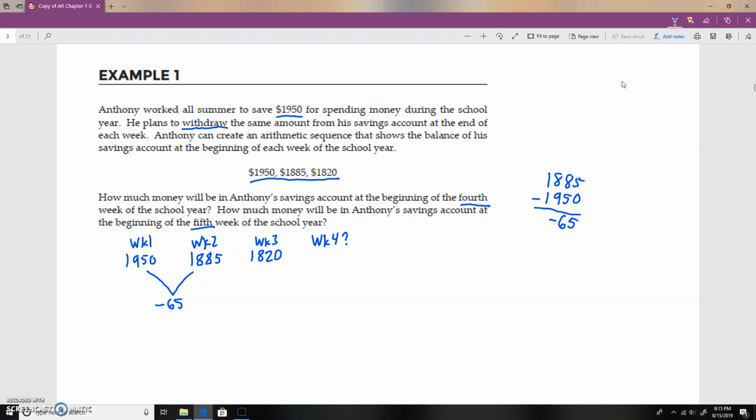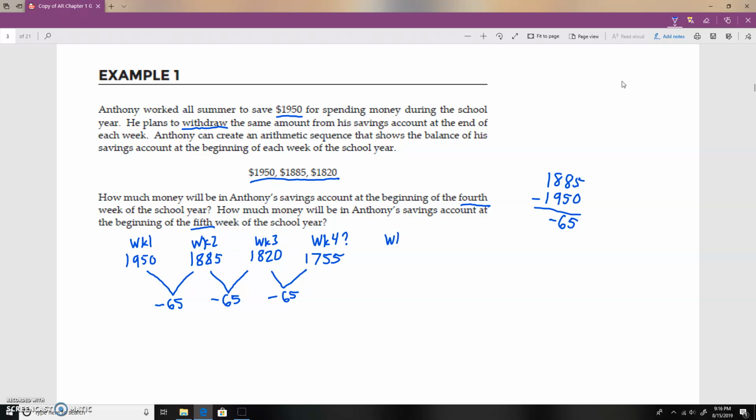So negative 65 is the difference there. If I do that same thing, I'm not going to go through all the math again, and I find the difference here, I find out that he also had a difference of negative 65. So, to go from 1,820 to week 4, I'm going to subtract $65, which gives me $1,755 for week 4.